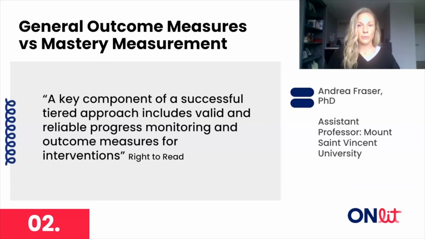While mastery measurements are useful and should be a part of a comprehensive assessment system to gather evidence of student learning, it is the general outcome measures that the Right to Read is referring to when suggesting that a critical component of an MTSS system is the use of valid and reliable progress monitoring for interventions.